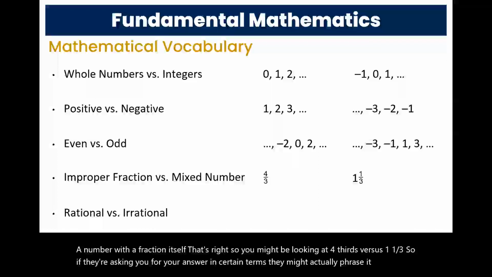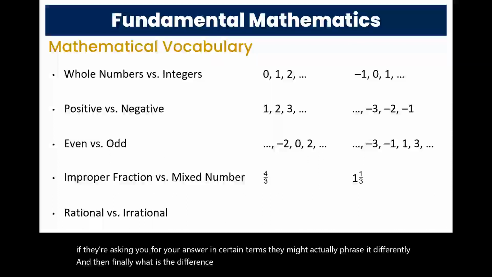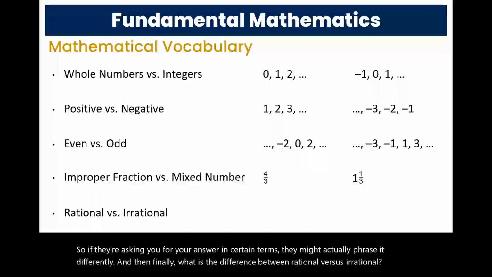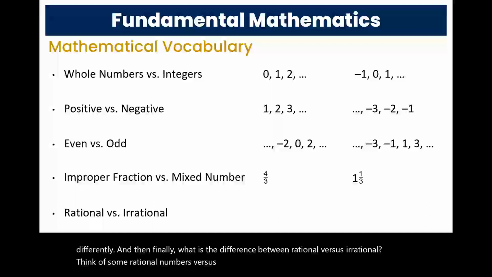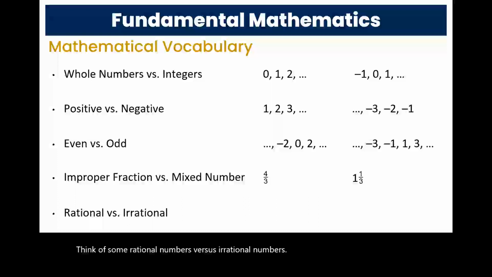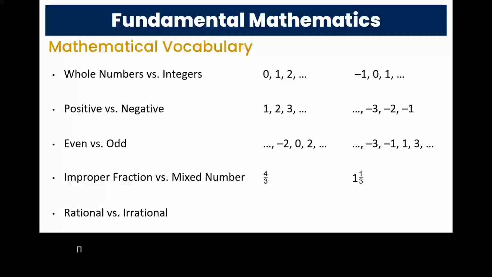And then finally, what is the difference between rational versus irrational? Think of some rational numbers versus irrational numbers. Pi is an irrational number. And why is that?